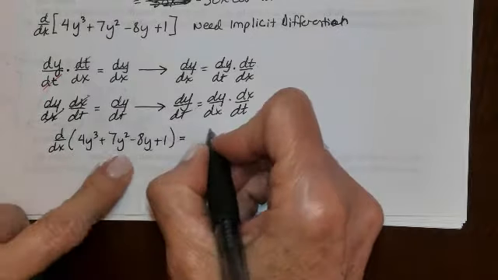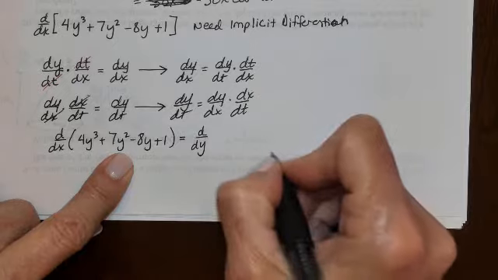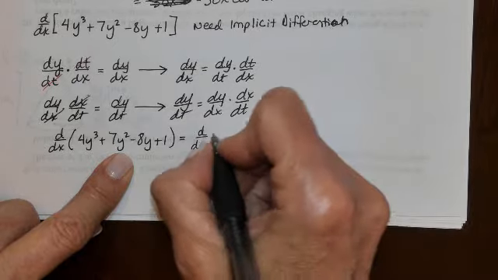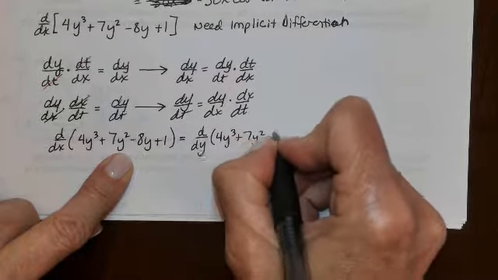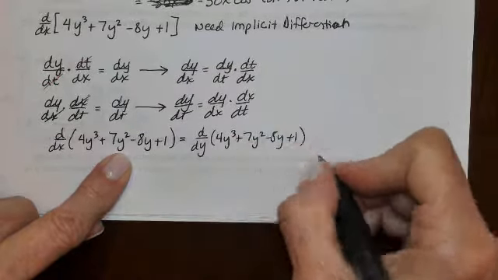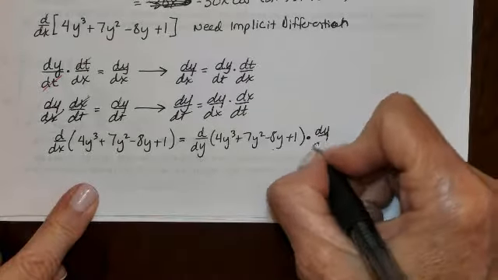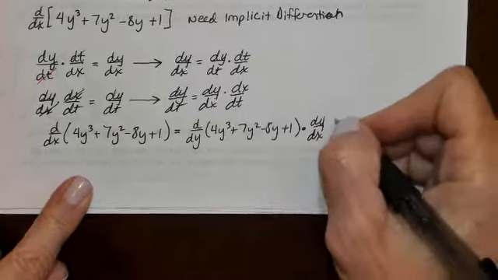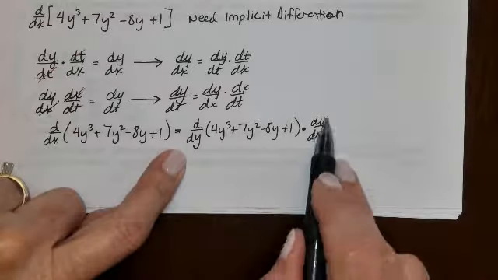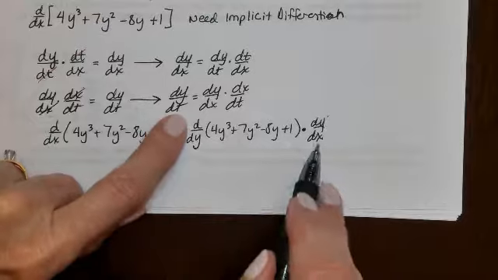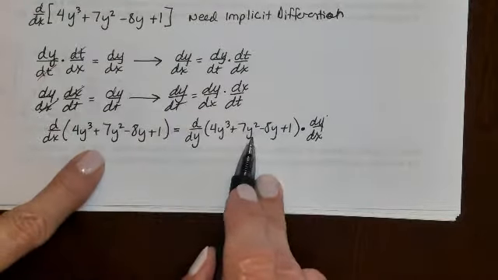I can take the derivative with respect to y of that expression, and then multiply by dy dx. Do you agree that with the derivative with respect to y times dy dx, the dy's would cancel and I'd be left with the derivative with respect to x of that, which is what I need.